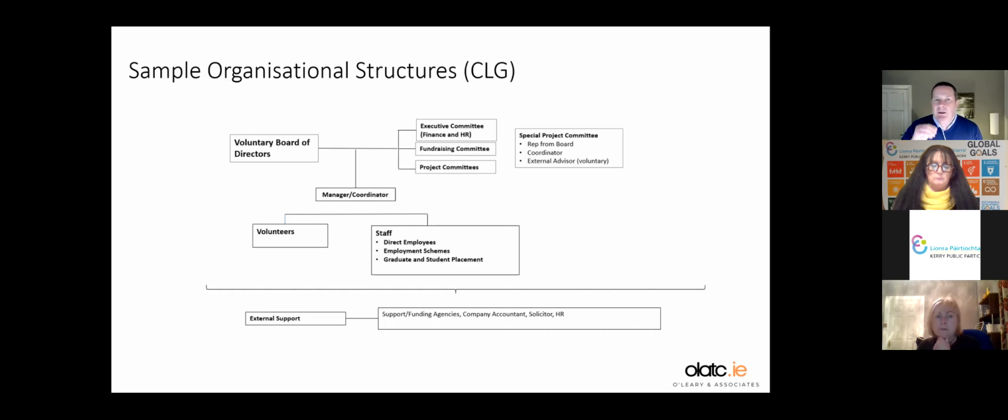In situations where health and safety, quality control or quality assurance is really important, you have a separate committee for that. For example, if you're a Section 39 or Section 38 HSE funded project, you have to have a quality committee, I can't remember the exact title, that is responsible for the quality of service delivery.